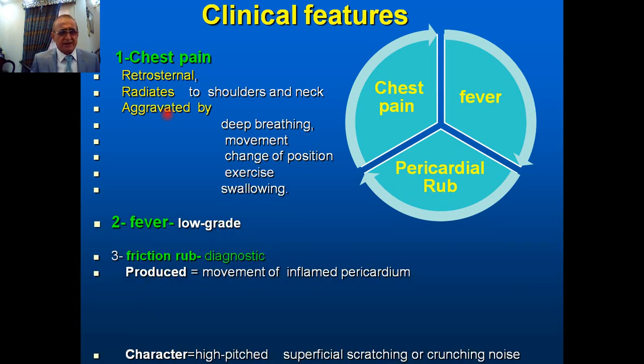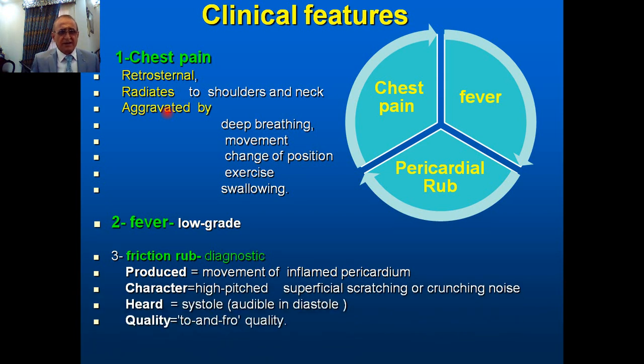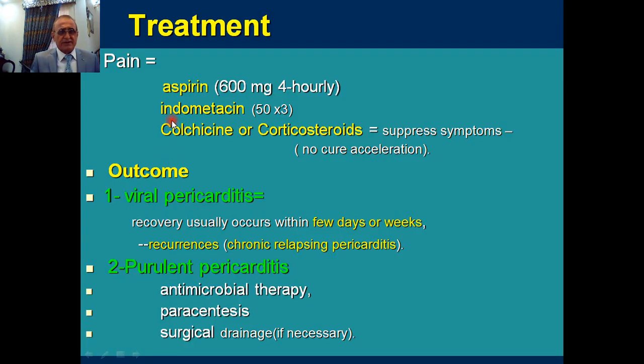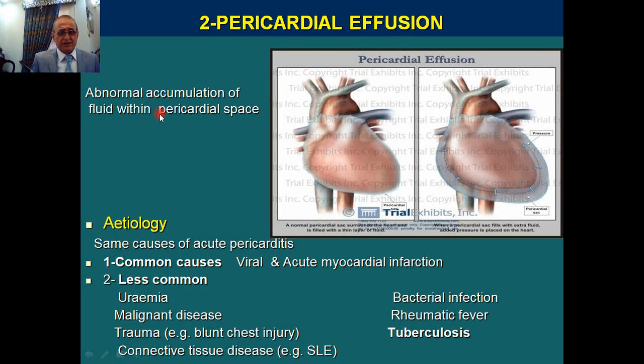The pericardial rub is diagnostic. The next important investigation is the ECG, where you can see ST elevation with concavity upwards, without a Q wave, and with PR depression. Treatment is, of course, bed rest and then a non-steroidal anti-inflammatory drug. This is all about the first entity.